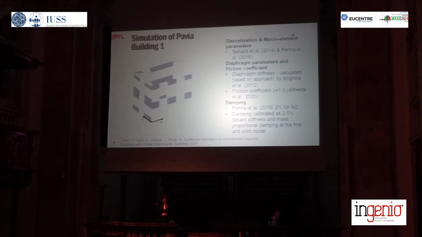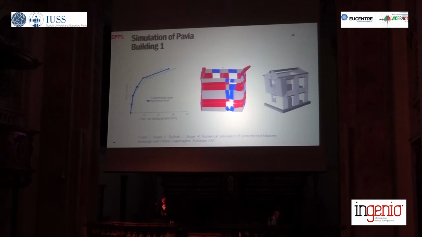For the damping model, Andrea Penna, in his nonlinear analysis, had recommended 2% damping for near collapse, so we used in the end 2.5% damping, using stiffness and mass proportional damping at the first and sixth mode. And if we do that, then we actually get quite a good correspondence between numerical and experimental results.